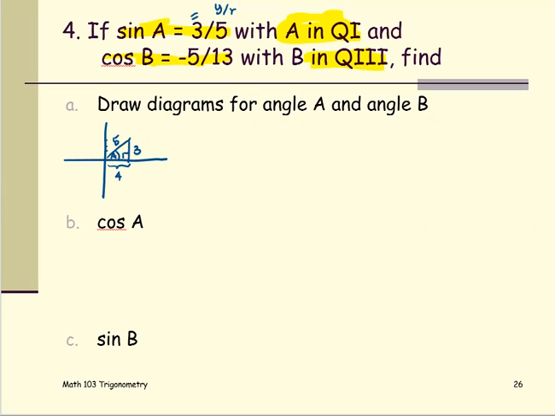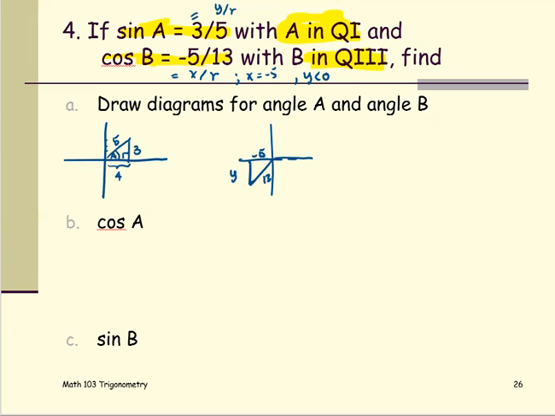And angle B is located in the third quadrant. In a similar way, in the third quadrant, the cosine is x divided by r. That means x equals negative 5, and r is 13. Therefore, since we're in the third quadrant, y is going to be negative as well.